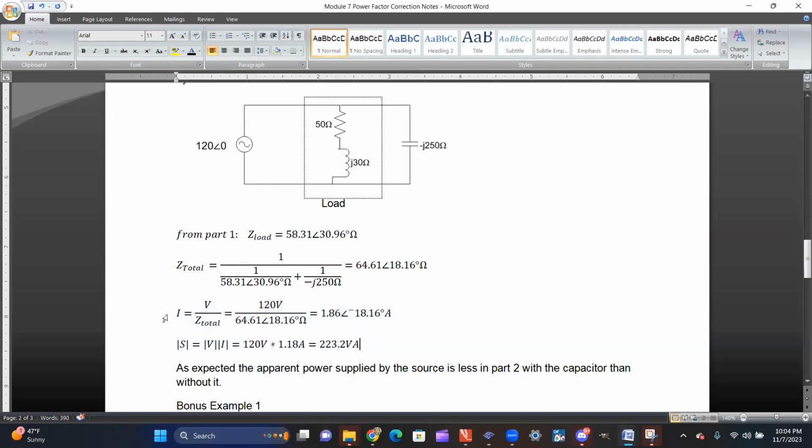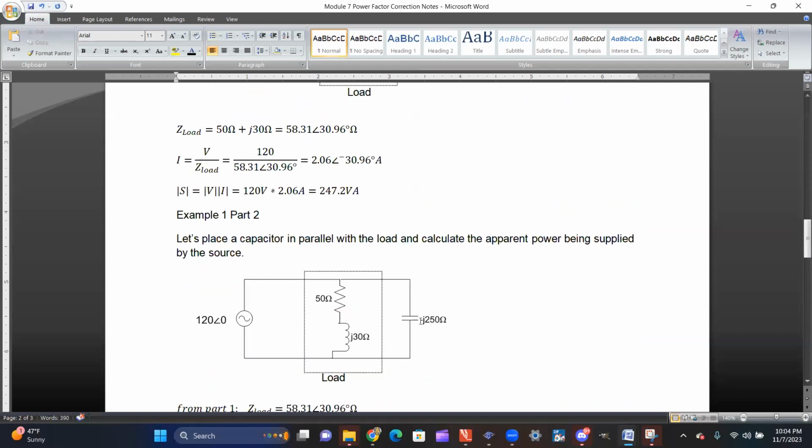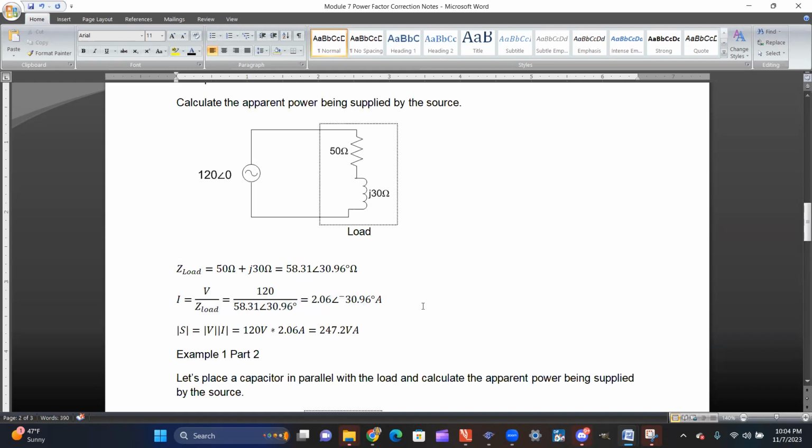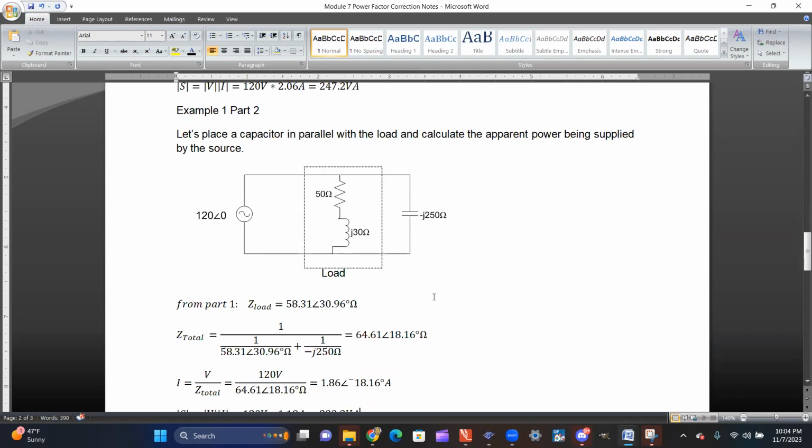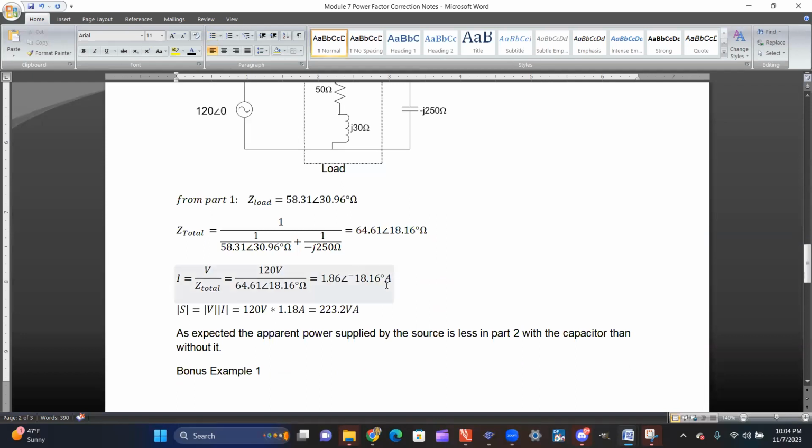If you look at both the current and the apparent power in part two compared to part one, you can see that placing a capacitor in parallel with your load will help improve your power losses. It will help reduce the amount of current the system has to supply, and also help reduce the apparent power.